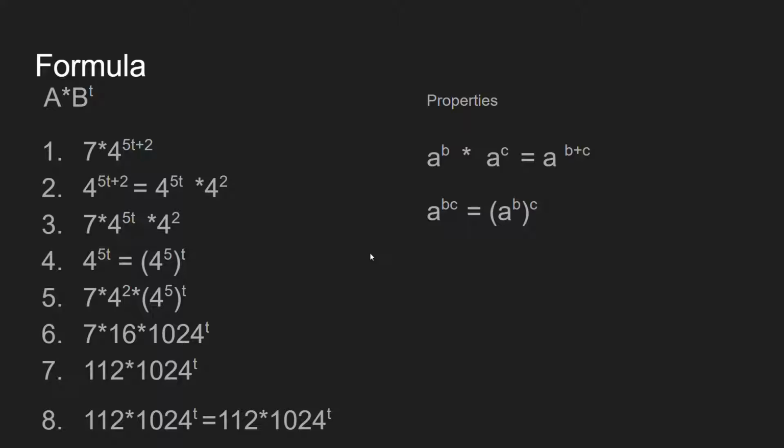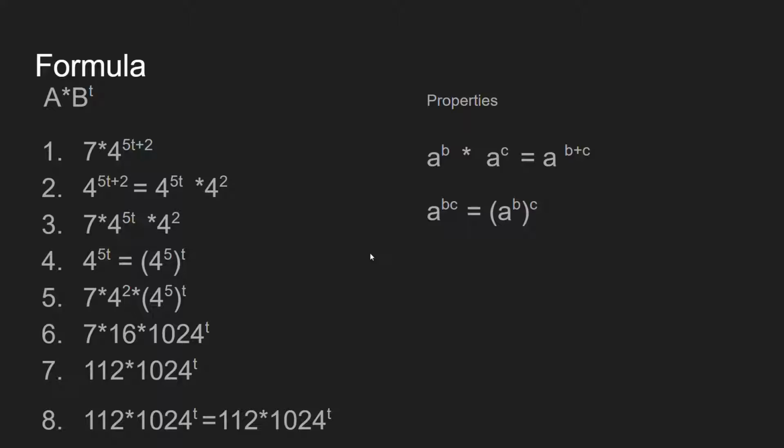Now we can turn 4 to the power of 5t into 4 to the power of 5 raised by t. Our new equation is 7 times 4 to the power of 2 times 4 to the power of 5 raised by t.